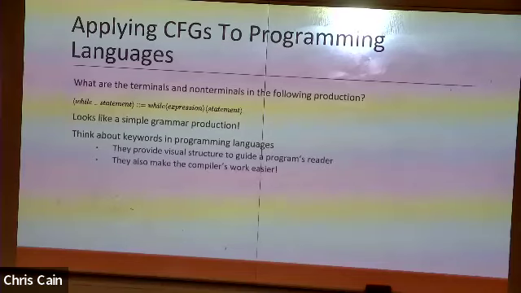So keywords make the compiler's work significantly easier as well, because otherwise there would be no real way to tell if we had an expression followed by a statement that that is a while statement. You need the keyword while to tell us what the user wants us to do with that. It should be parsed as a loop.